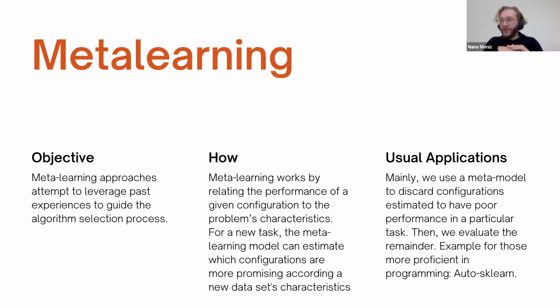Meta-learning has a lot of applications. It's very well known. One of its more notorious roles is in, for example, discarding configurations that the meta models estimate won't be very good. This is obviously a very interesting thing to have when you're trying to reduce your footprint and the time that you require for performing some machine learning task.